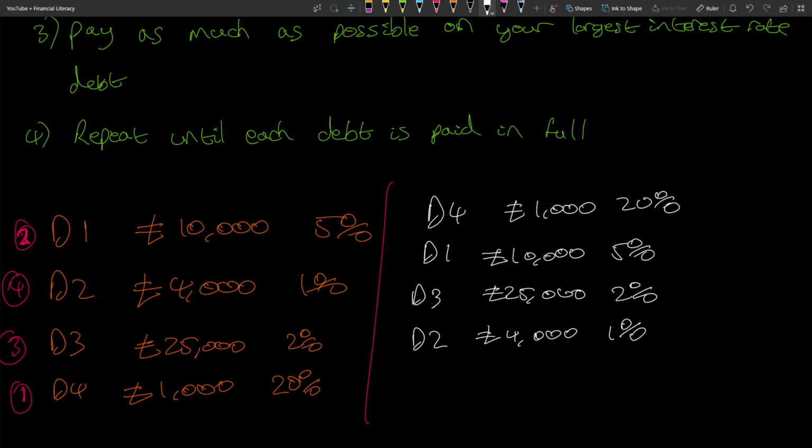Let's say each one of these has a minimum payment per month of £100. I'm assuming none of these are a mortgage or anything, let's say you rent, so you don't have a loan on that.